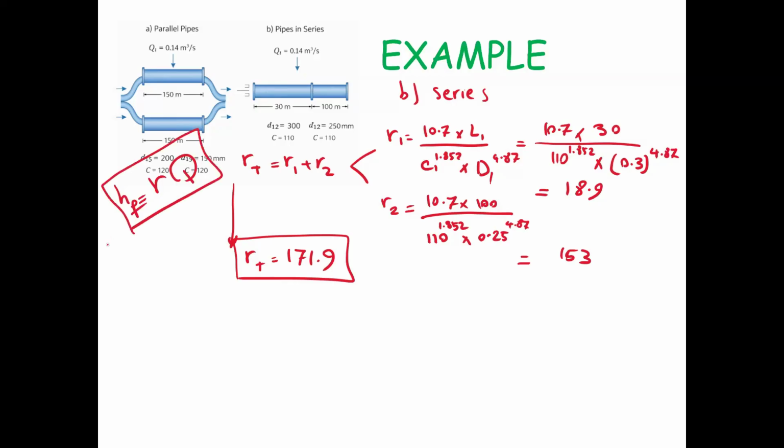I started from this part. These are series. Again, if you get confused, I tell myself that in series, the same water passes through the different pipes. So Q is the same, but HF of total is the sum of HF in all pipes.